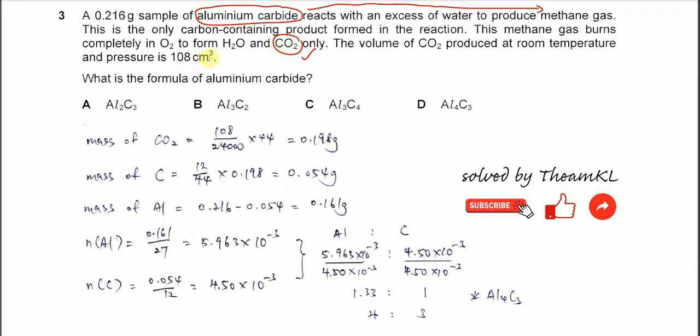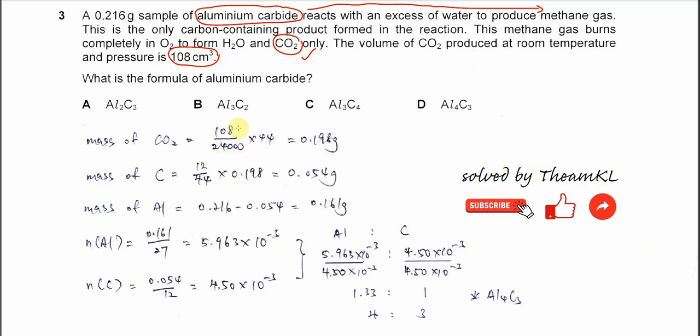So we need to start from the volume of CO2 in order to get the mass of carbon. So we use 108 cm3 over the molar volume.